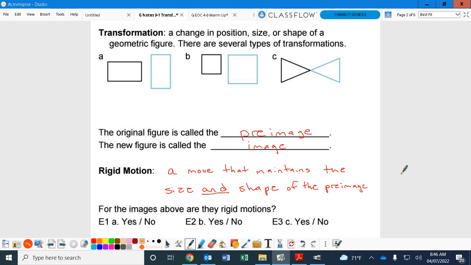That's important. So think about it. We could slide it and it would still retain the same shape and size. We can flip it. It'll still be the same shape and size.